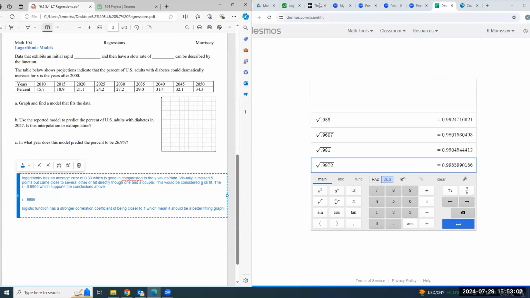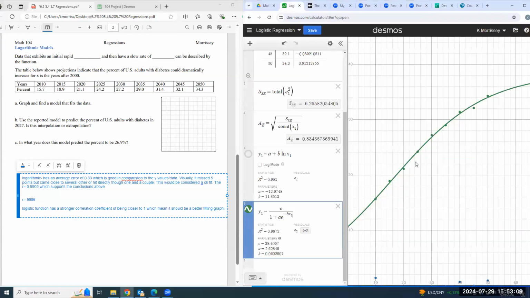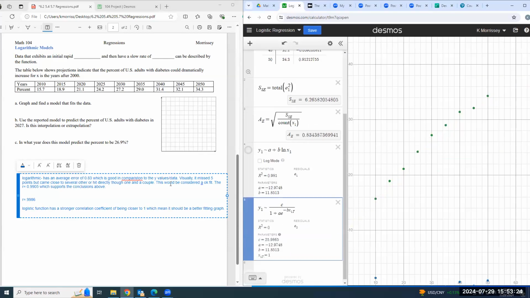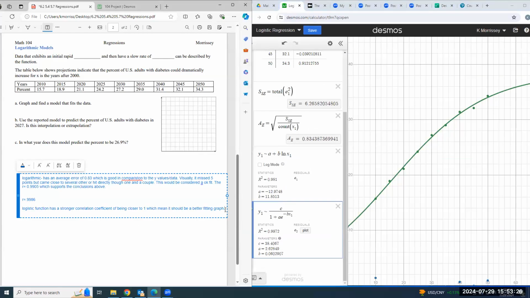So looking here, notice that it does go through several more points. It definitely misses one and kind of nicks the other, but as a whole, it hits the majority of the points through the center and misses only one completely.